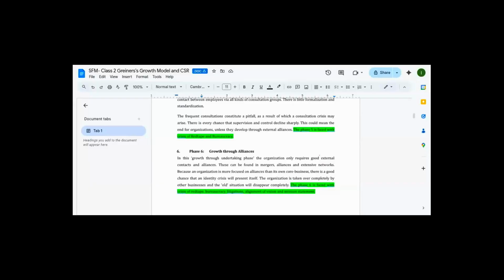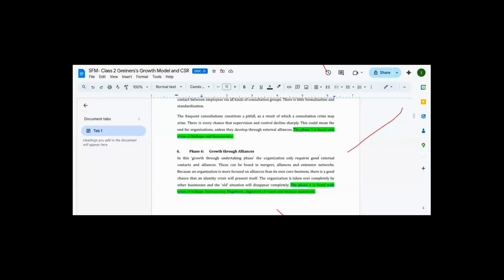So the second form of alliance that we have is business level strategic alliance. In the business level strategic alliance, companies form that alliance for 3 reasons. And that's the reason why we have 3 types of business level strategic alliance.